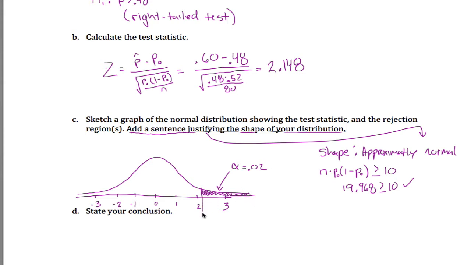The critical value, the z value that will have exactly 2% of the area above it, you can get off your tables or using the inverse norm function, and you get something like 2.054. So this is my critical value, and now I find my test statistic, 2.148, which would be somewhere over here. The point is that this test statistic is in my rejection region.